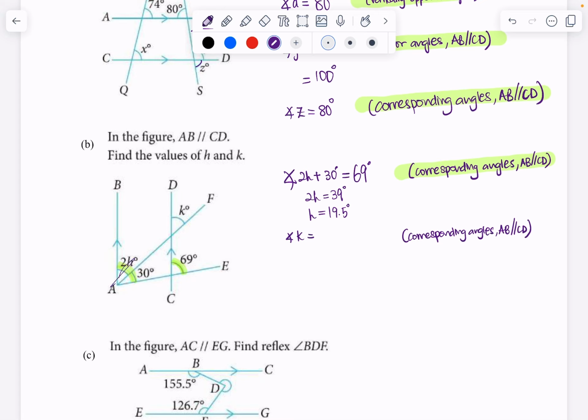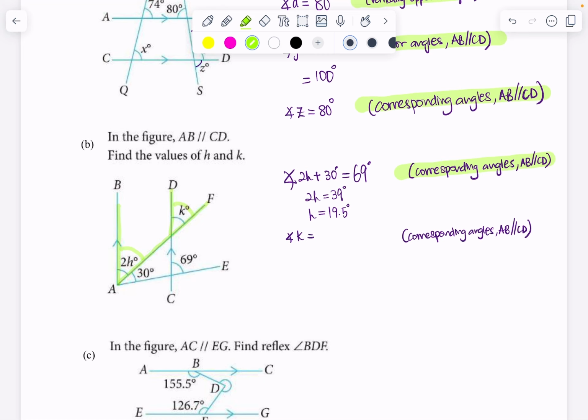Next, let us look at finding angle K. To find angle K, you will notice that the angle K is actually touching the transversal AF. So now we change our focus to the line AF. You can see that using the transversal AF, these two angles are corresponding angles.